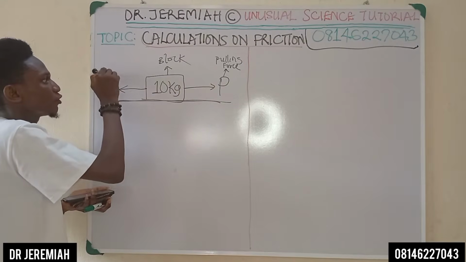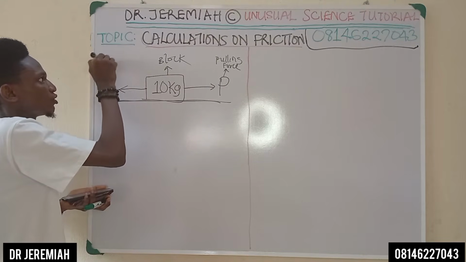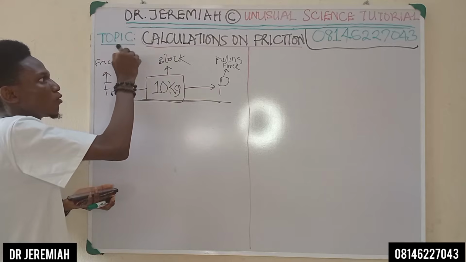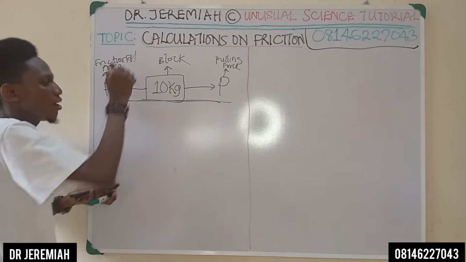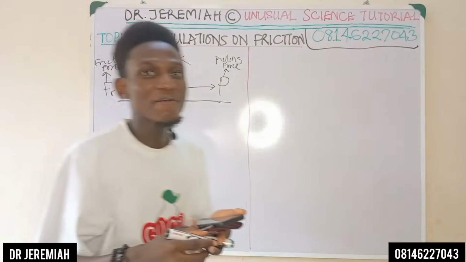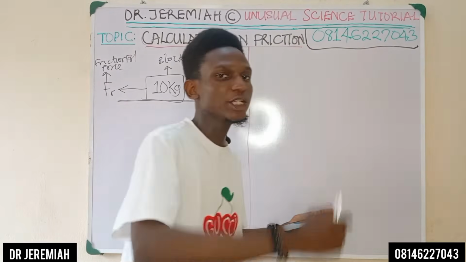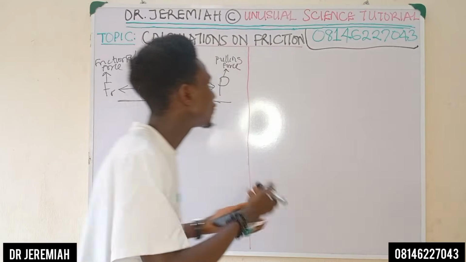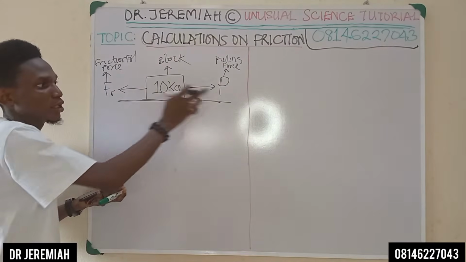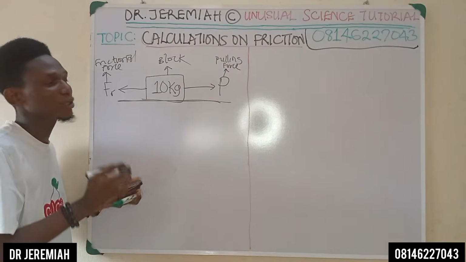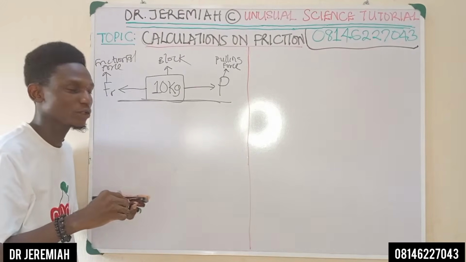So I'm going to label frictional force as FR. I hope you are following. So we have been able to resolve two forces now. We have the pulling force, which is to pull the block, and the frictional force opposing the pulling force. This is very important when you are solving questions, so please take note of it.